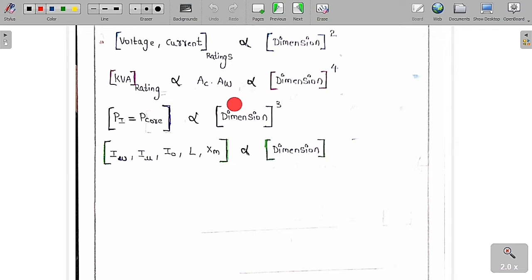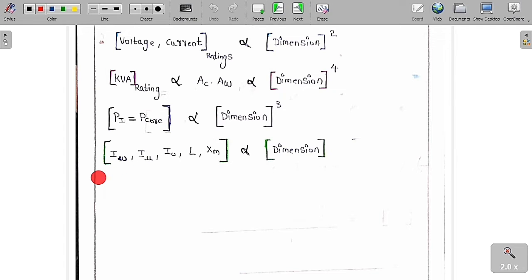So voltage rating and current rating are directly proportional to dimension square. KVA rating is directly proportional to area of the core into area of the window, which is directly proportional to dimension to the power of 4. Iron loss and copper loss are directly proportional to volume. Volume is dimension cube.